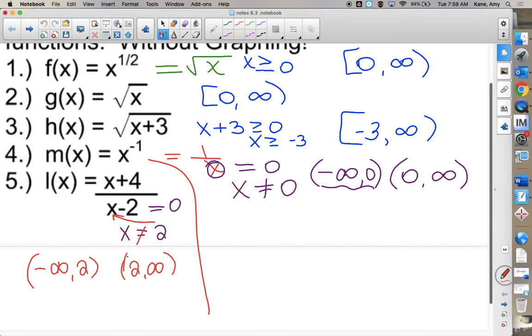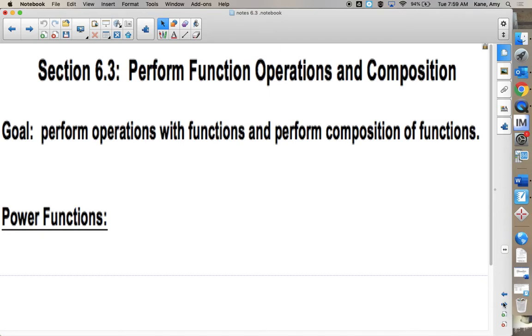So in your notes, it is section 6.3. So we're going to see if we can perform operations with functions, but also use the power functions, the rational functions that we've been working with, and the domain and range of those functions.